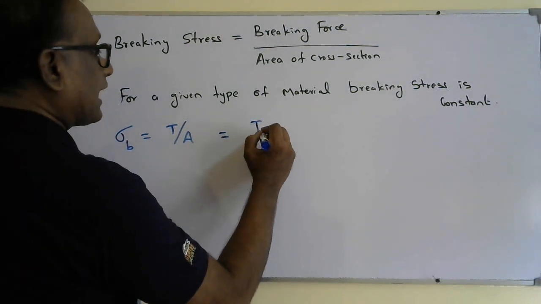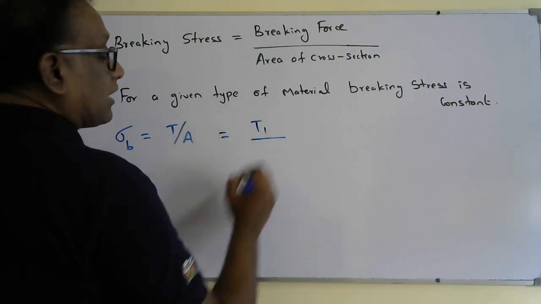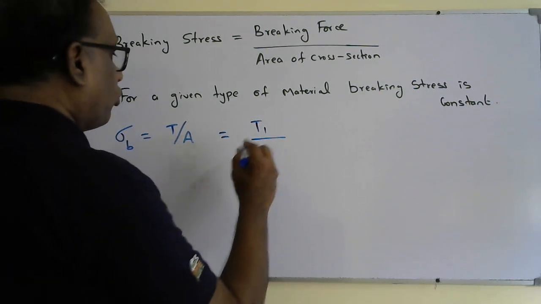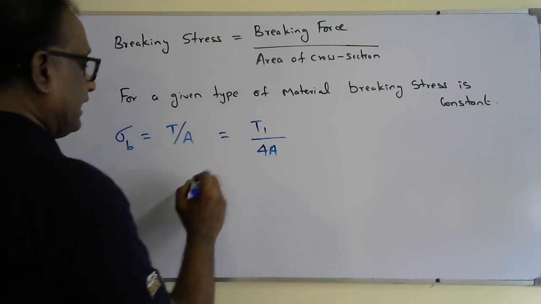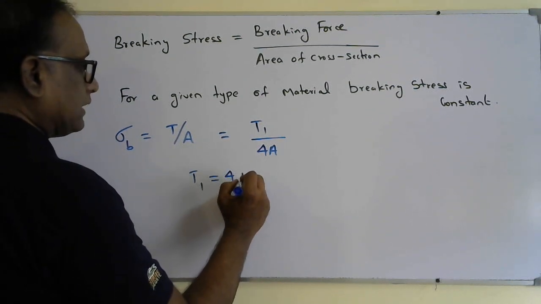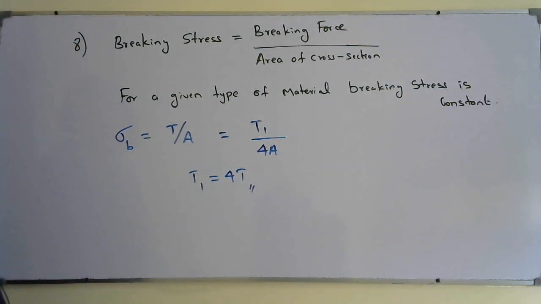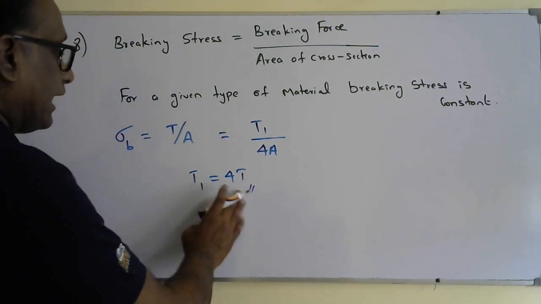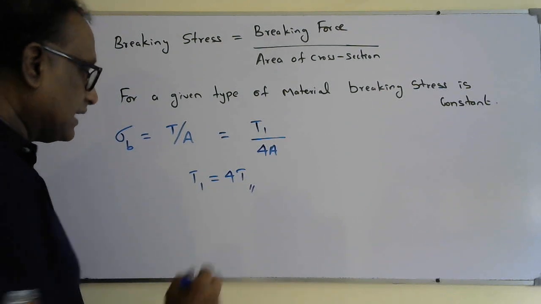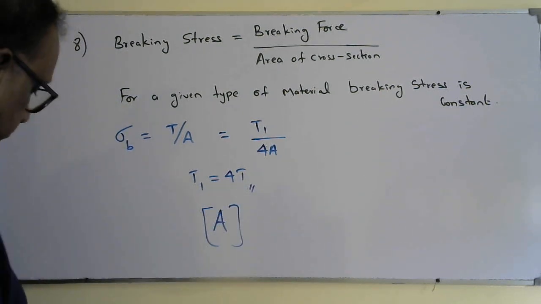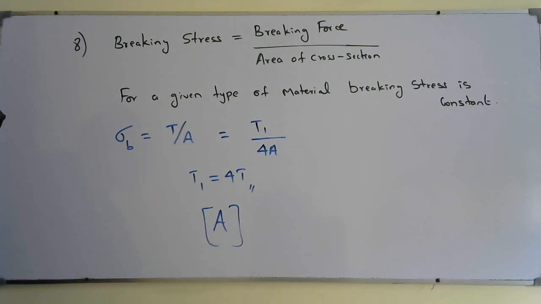The required force I can say T1 over area of cross section, now 4A. So T1 is equal to 4A over A, 4T. So the required tensile force is going to be 4 times the earlier. So the correct answer is A, the first answer.